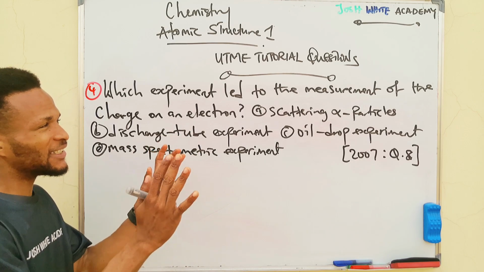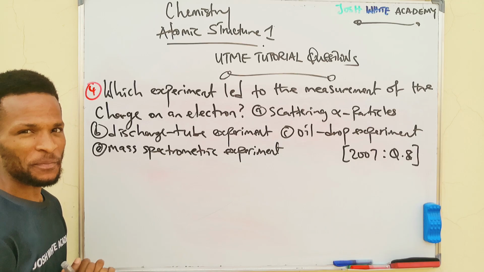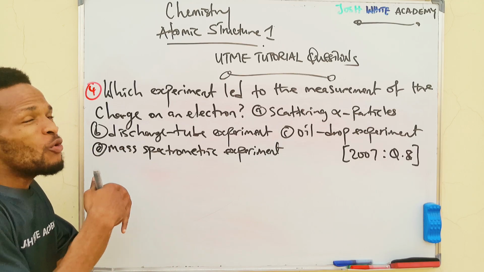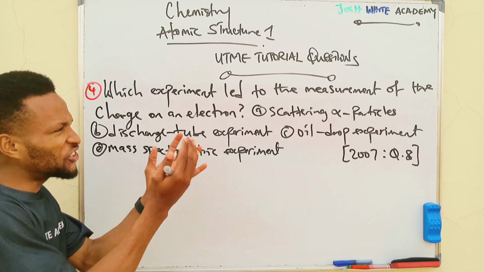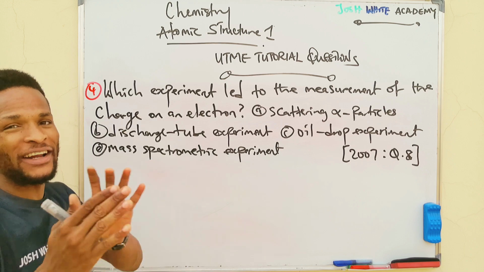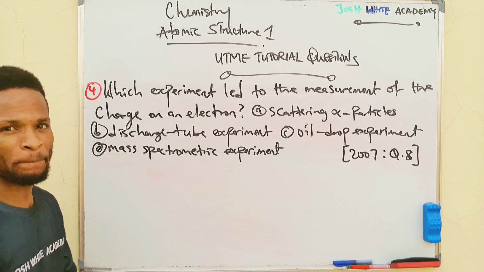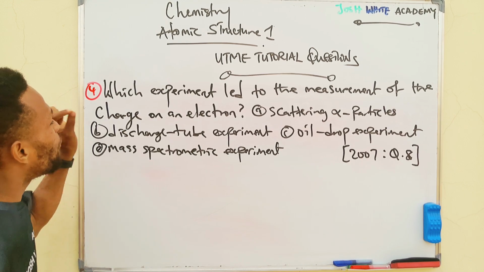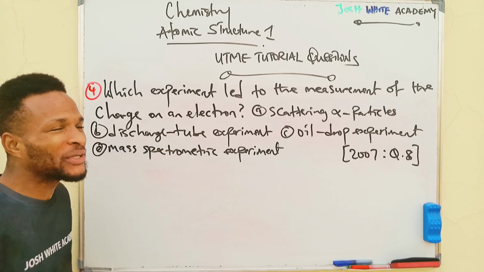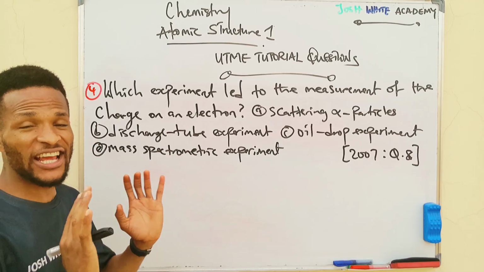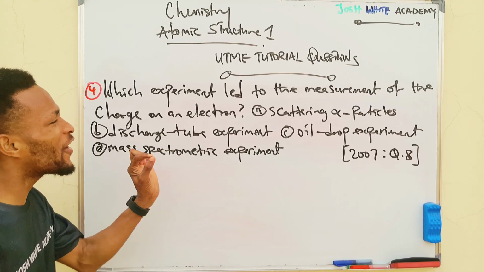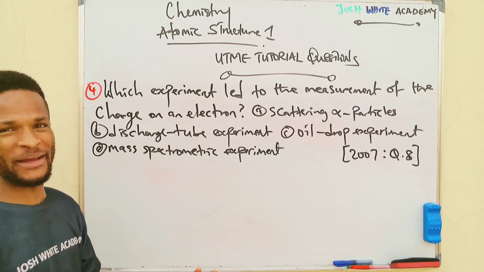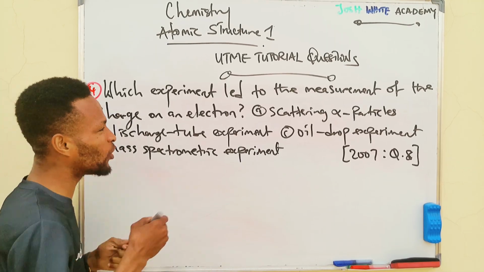So most times they confuse students with this. If they ask you who measured the charge to mass of an electron, that's J.J. Thomson. But what led to the charge on an electron is Millikan's experiment, which we call oil drop experiment. So our answer is what?